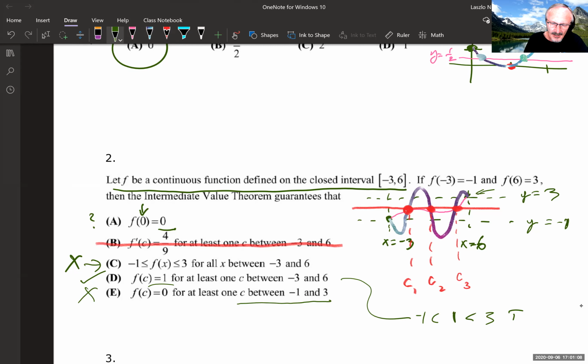They're highlighting here the values of y. These are values of y, and c is an x coordinate, x equals c, and these are y coordinates. We need to make sure that here the numbers should be not -1 and 3, but -3 and 6 would have been the way to go.